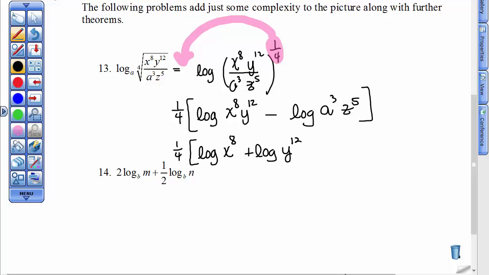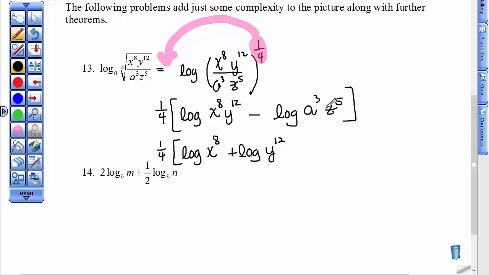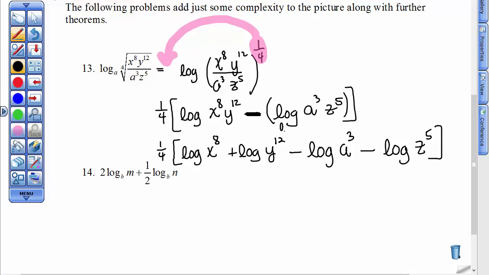And then if you don't mind, while I'm working this piece right here and writing it as an addition problem, I'm going to apply this sign to both terms. So I'll write this minus the log of a to the 3rd minus the log of z to the 5th. Again, that's because this was the log of a to the 3rd plus the log of z to the 5th, but I had to apply this minus sign to both of those.